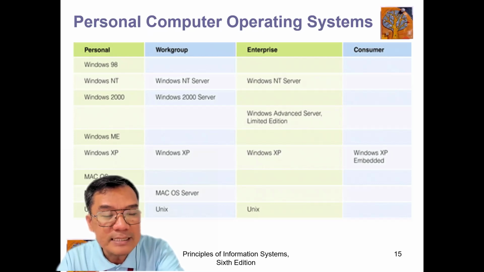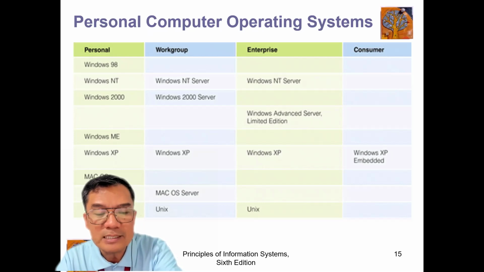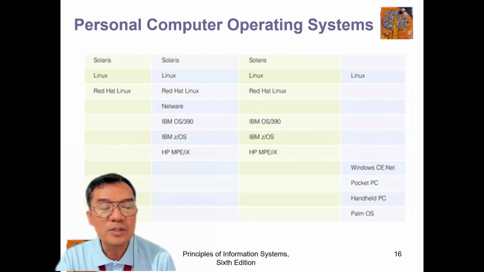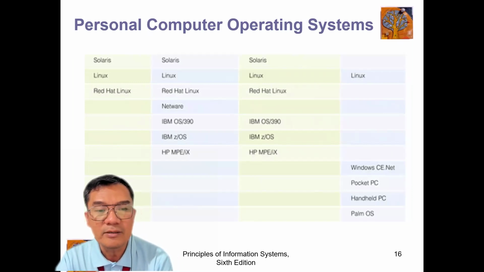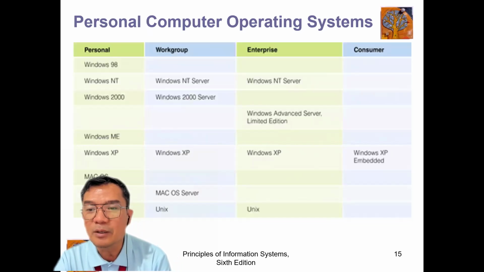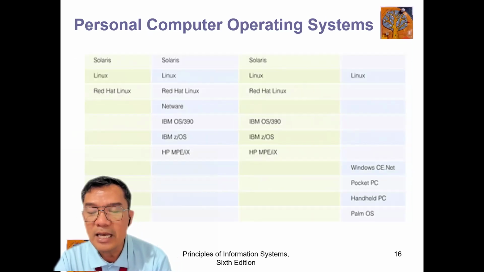The Mac OS is designed for personal, but Mac OS X Server would support a workgroup. And of course, Unix supports all levels. For Solaris, Sun Solaris, it supports Linux. Then Red Hat Linux, you can see the others. And if you check the last part, the consumer side supports certain embedded software for mobile devices.